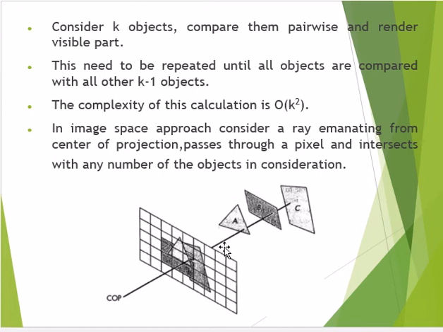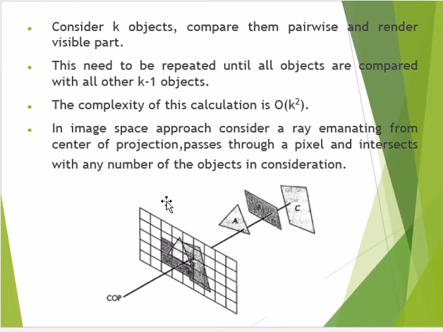So you have to take up each pair of objects and find out which one is hiding the other, and once we see that one is hiding the other, then we have to find the visible part of the hidden polygon.